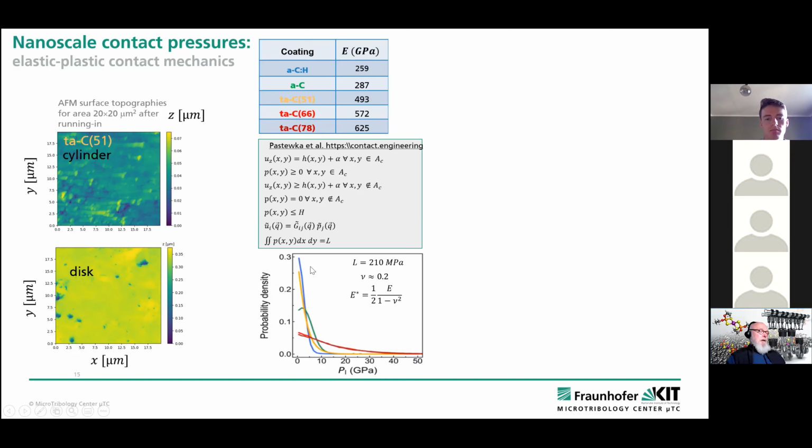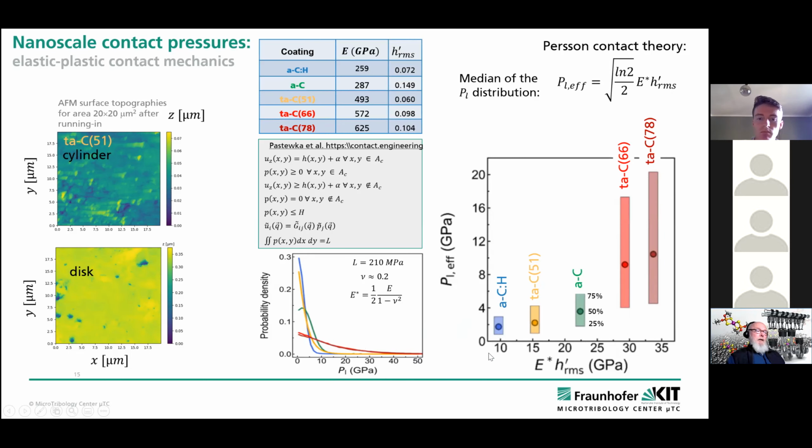Now you can go ahead and calculate some mean or median of these distributions, which we did. So here are the medians of all 5 coatings, the circles. And we plotted this against the quantity, which is the contact stiffness times the root mean square slope.